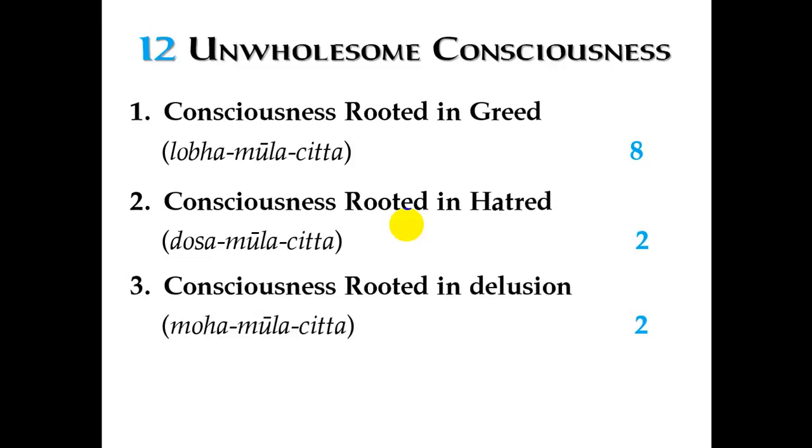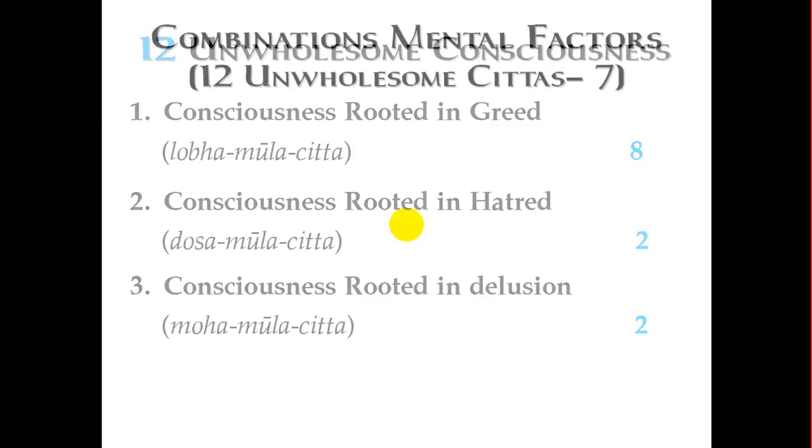Delusion. So together, 12, right? In the unwholesome Cheta, we have 7 methods, right? 7 methods. It is the most complicated method.